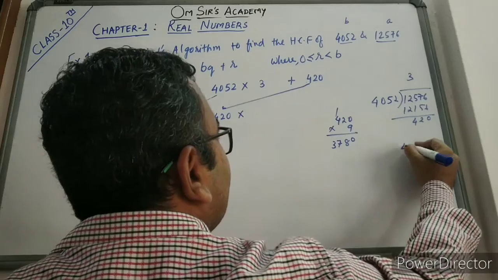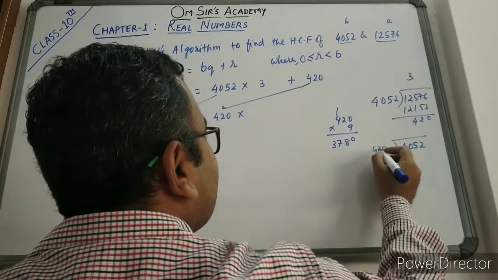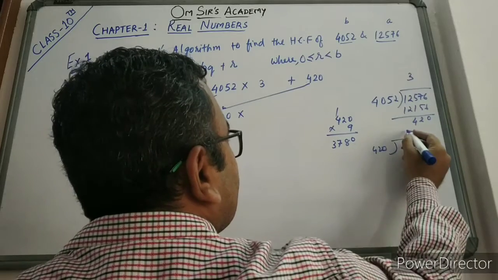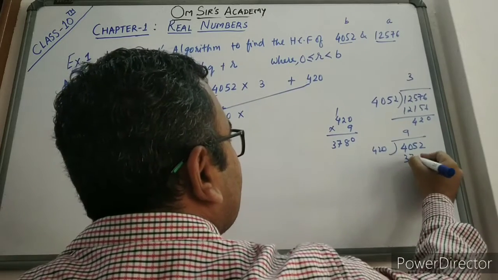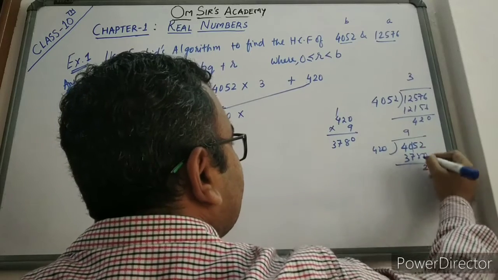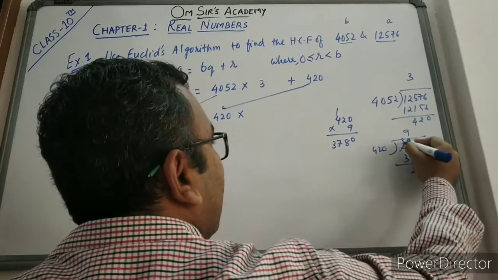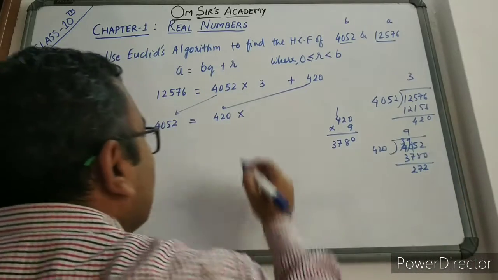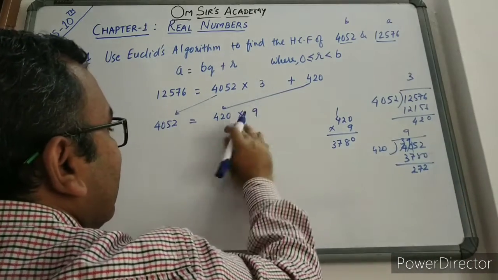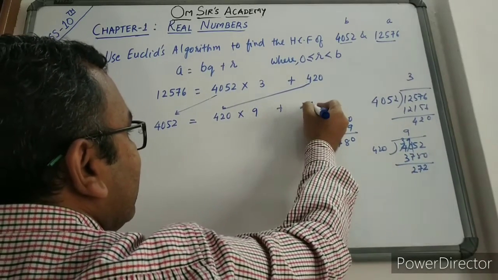So if I divide 4052 by 420, in the second step I multiply 420 by 9 and get 3780. Then what is my remainder? 2 minus 0 is 2, 15 minus 8 is 7, 9 minus 7 is 2, and 3 minus 3 is 0. So it will be 420 into 9 plus the remainder left over here, which is 272.